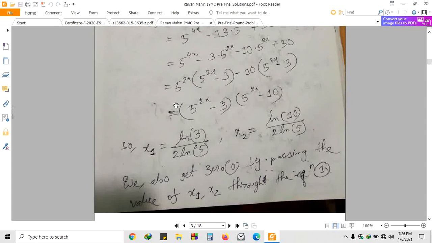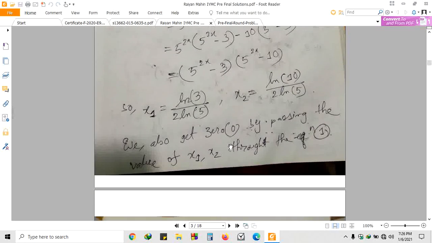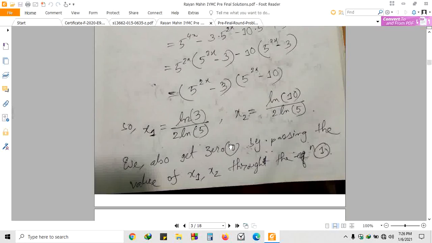So we can now see that if we take 5 to the power twice x minus 3 equals 0, we get one root, if we denote it as x1, that is ln 3 by 2 ln 5, and we get another root x2, that is ln 10 by 2 ln 5, by comparing 5 to the power twice x minus 10 equals 0. So those were the two roots of the following function.